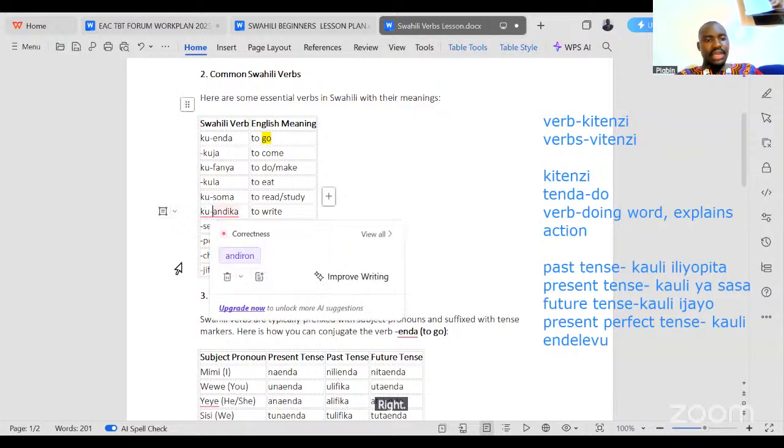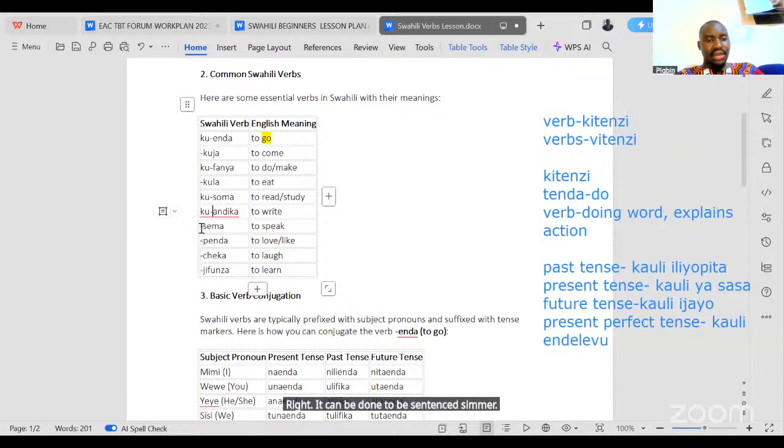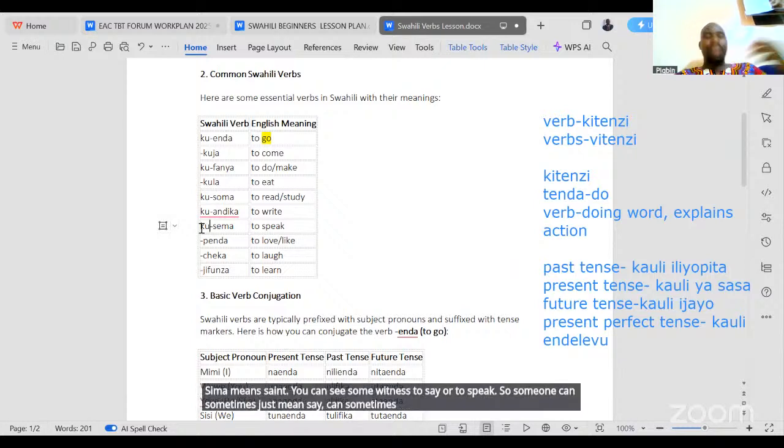Then sema means say. Sema can sometimes mean say, or sometimes mean speak, to say or to speak.